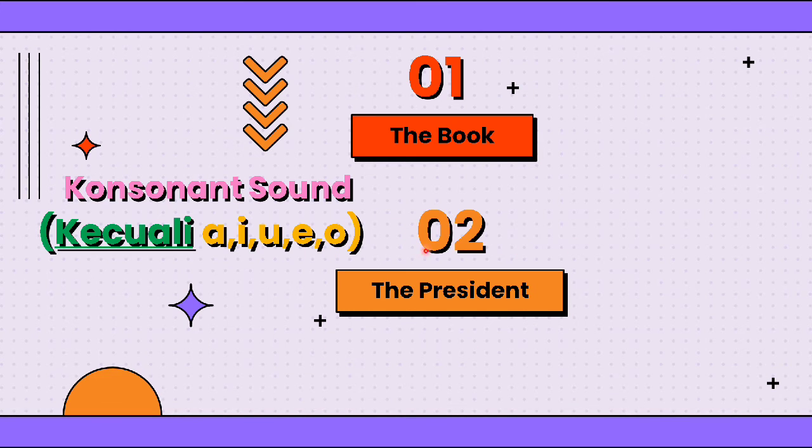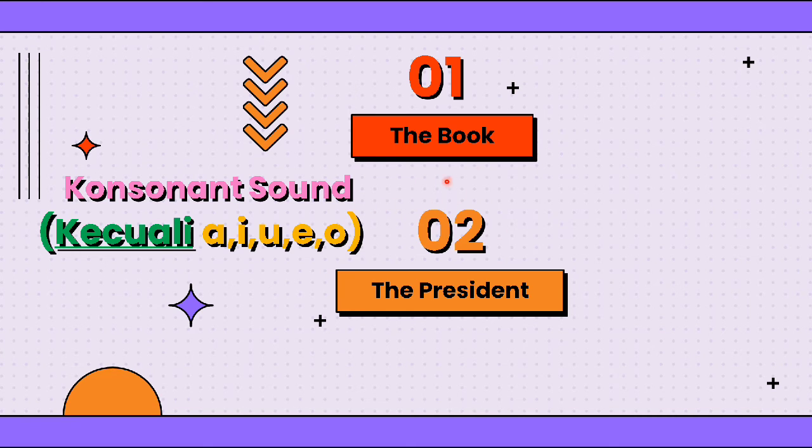President begins with the letter P, which is included in the range of consonant sounds, or other than A, I, U, E, O. What does a specific noun mean? It means the cannot be used for general nouns. It can only be used for specific nouns.